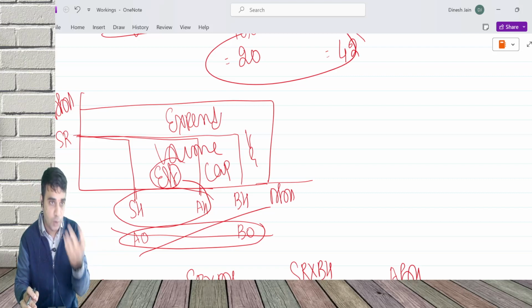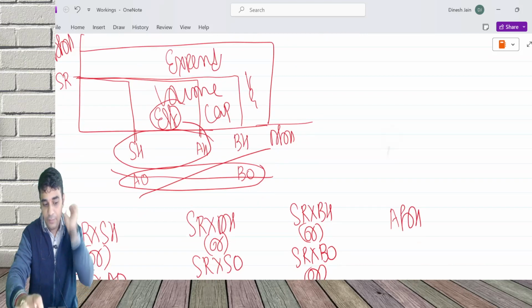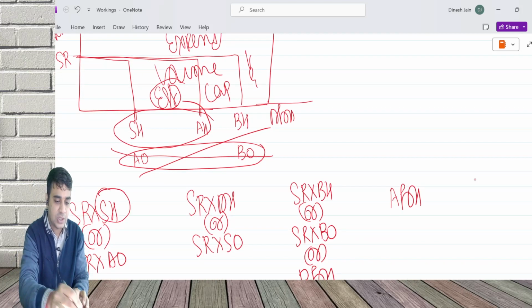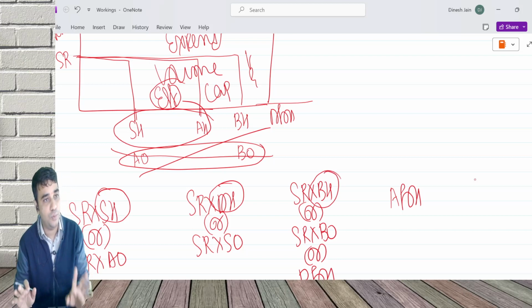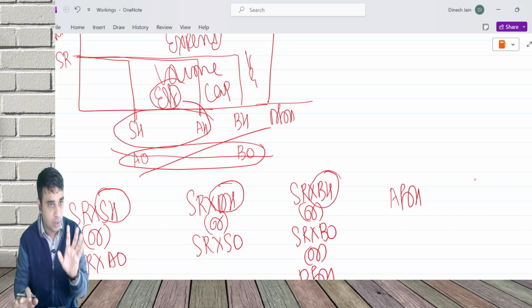So now when you do a table, we will write only SH, AH, BH, no into SR and all. The same chart will help you in getting to the answer, but SR and all is not needed. In place of SH, you cannot write AO and all. That conversion will not work.